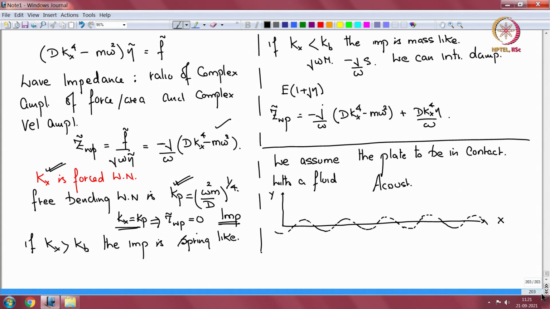Okay, now suppose again a force of the form as before is applied again to the plate, okay, from below.